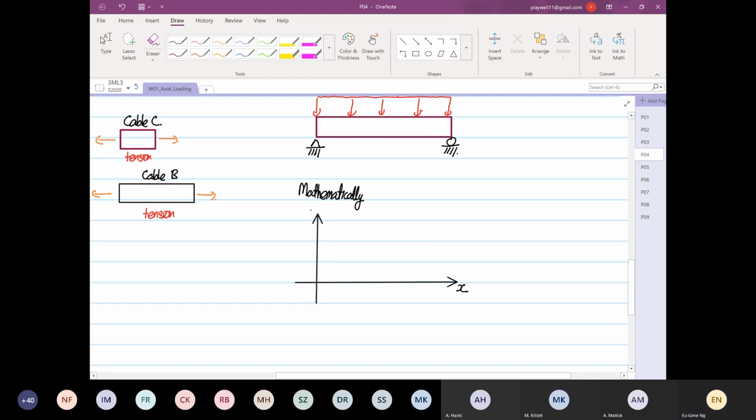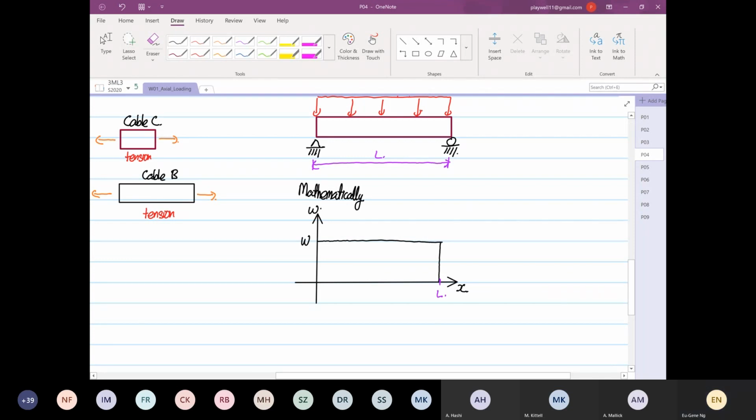The distance from here to here is L, and then we have our omega. This is the area. So this is our graph of our distributed load.